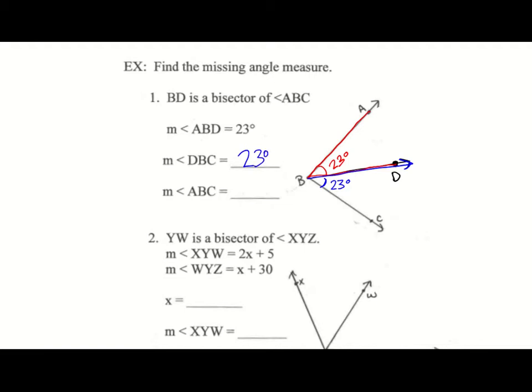Then if I'm looking for my whole angle, angle ABC, I'm going to add those two together, 23 plus 23, which gives me 46. So that is ABC.